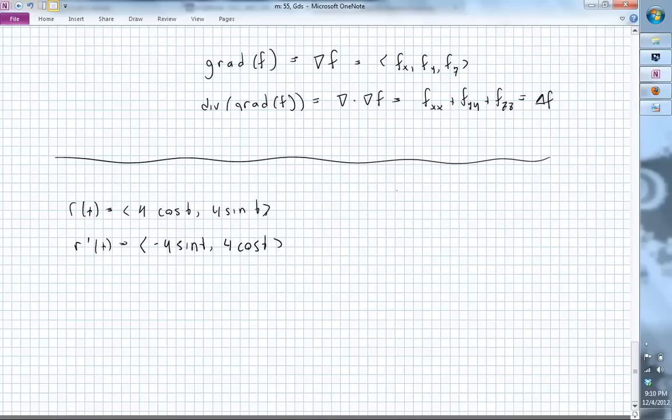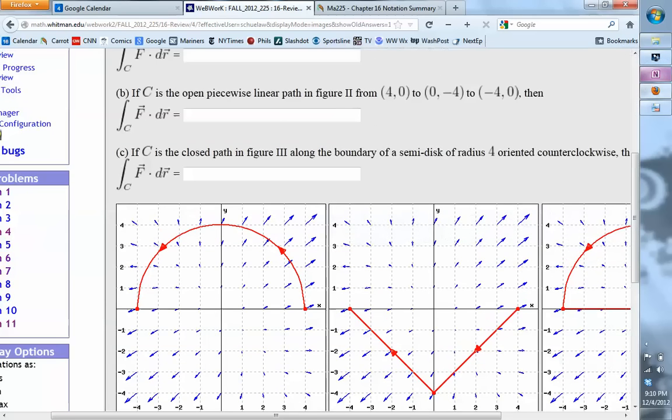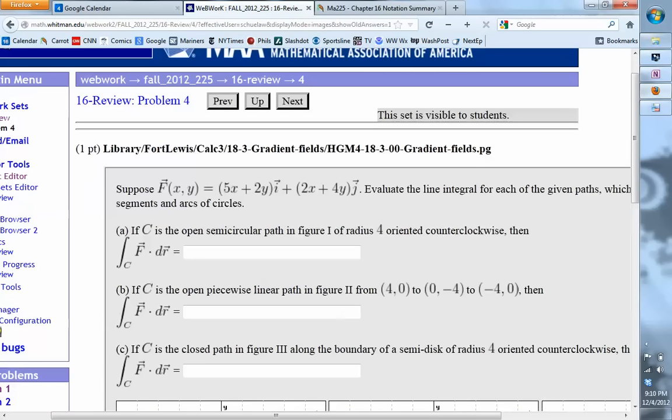And F here was, oh, sorry, I don't need to do that. I need to find little f. That's what you want me to do, right? Yes. I forgot this was conservative. 5x plus 2y, 2x plus 4y. Wait, it's asking for the integral of F dot dr? Yeah, because this is conservative, so you can use the fundamental theorem of line integrals.